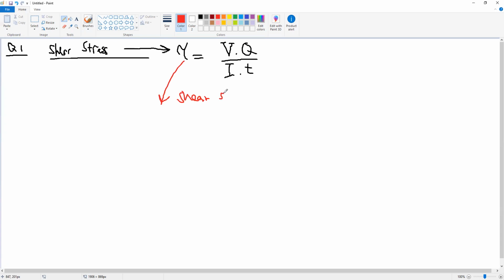Where tau is shear stress, V is shear force, and Q is the moment of area.